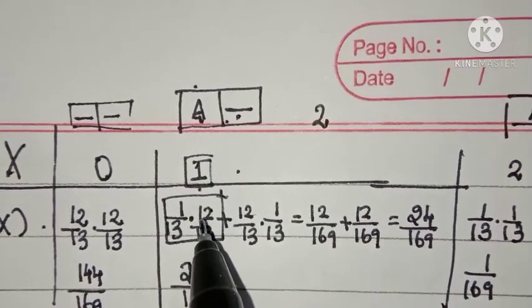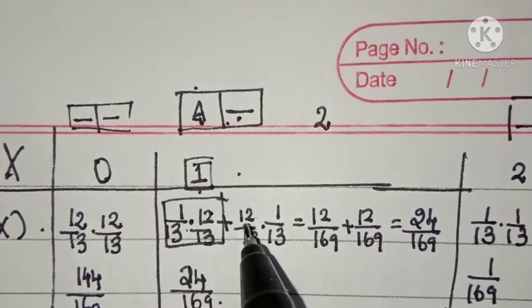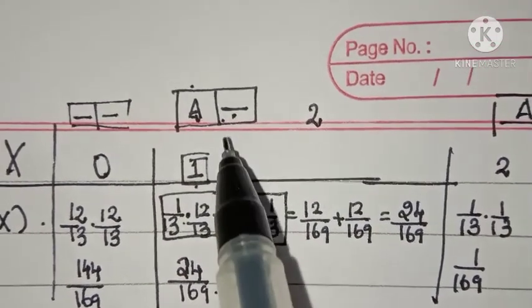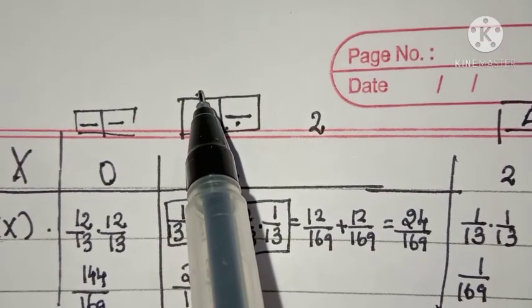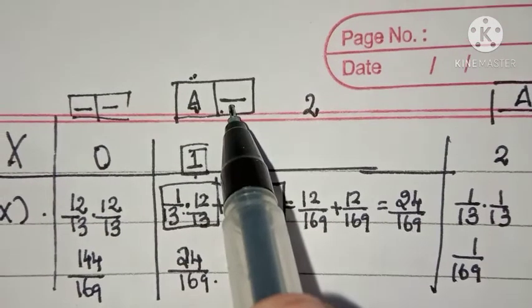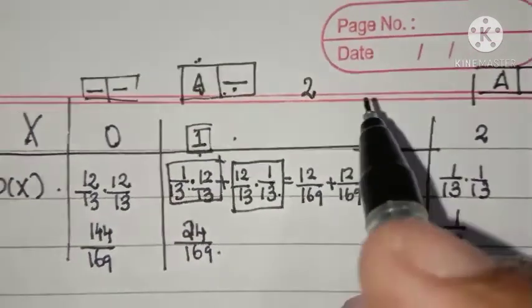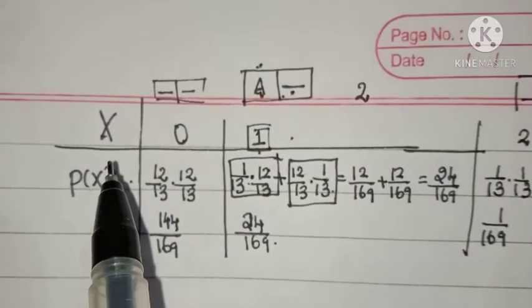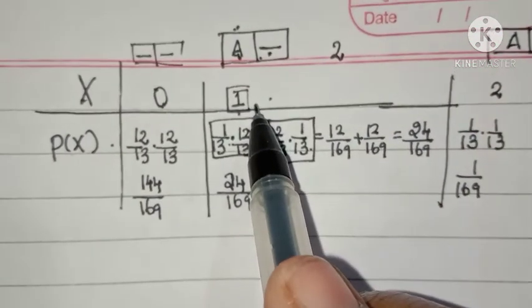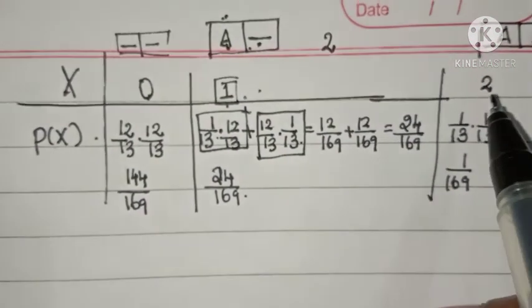Another chance is that the first is not an ace and in the second selection it is an ace card. So this is the probability function of the random variable when X equals 0, X equals 1 and X equals 2.